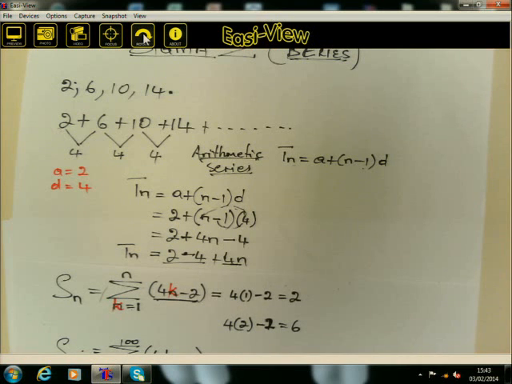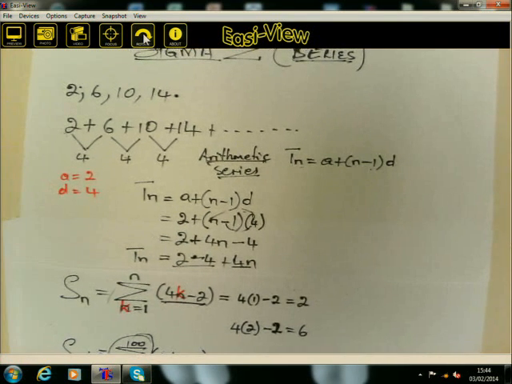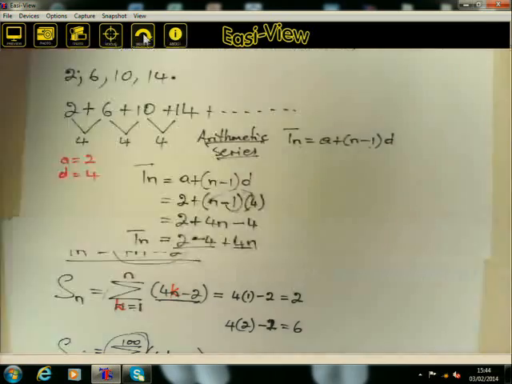We can have that, right? We have just introduced the sigma, which is going to help us to find the sum. But now what is important, we must be able to write any sequence in a sigma notation form.